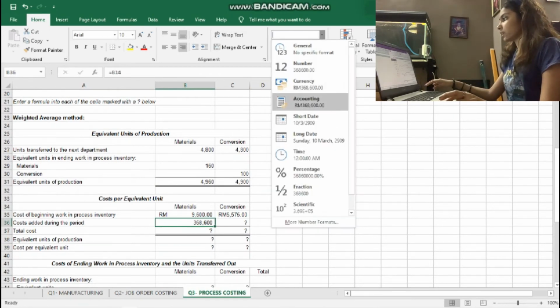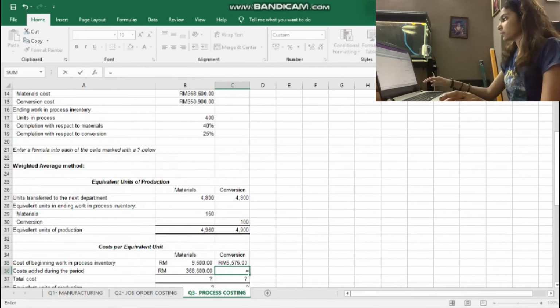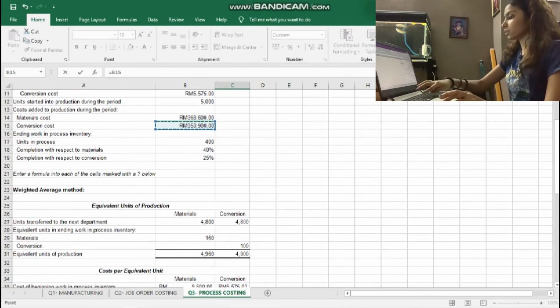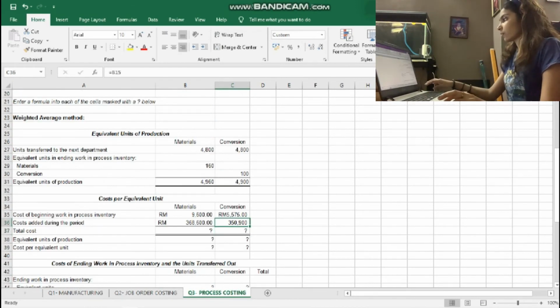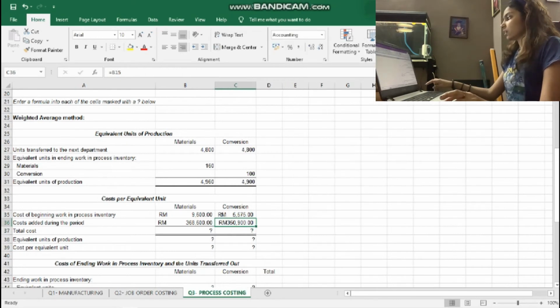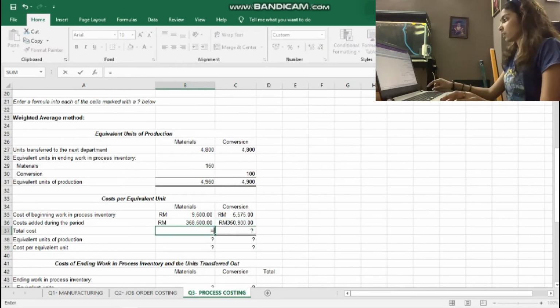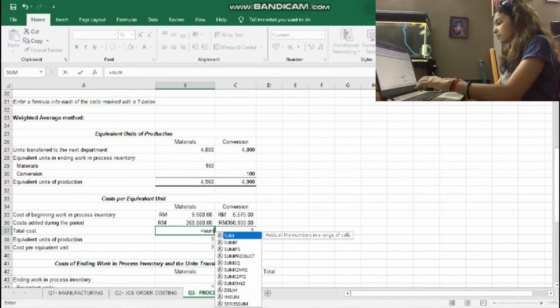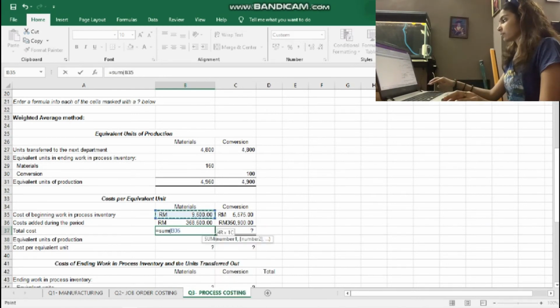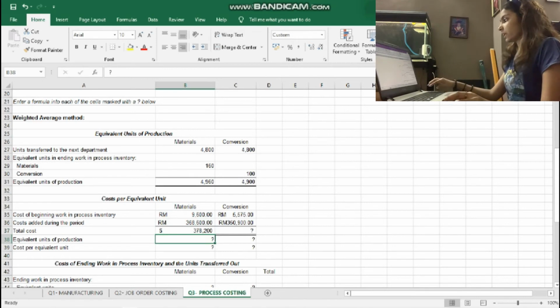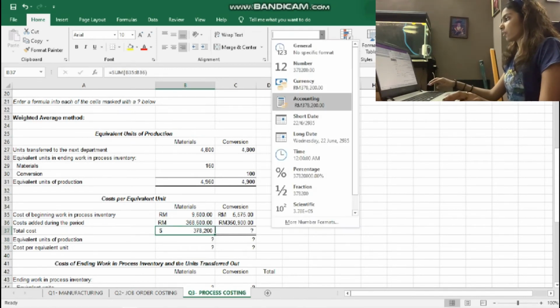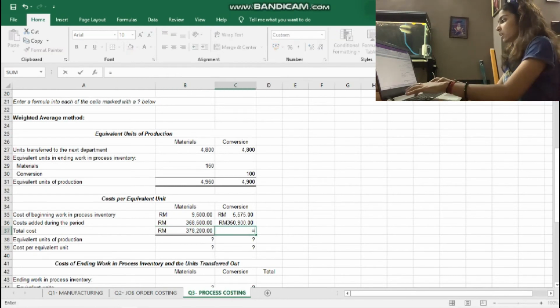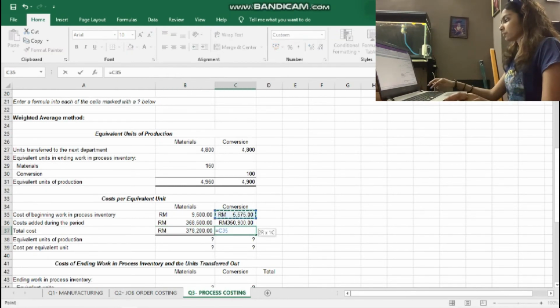Then next is conversion cost is 350,900. Okay, and for total cost, we have to plus both of this. Sum bracket, we'll get 378,200. And for conversion, we have to plus both of these two.